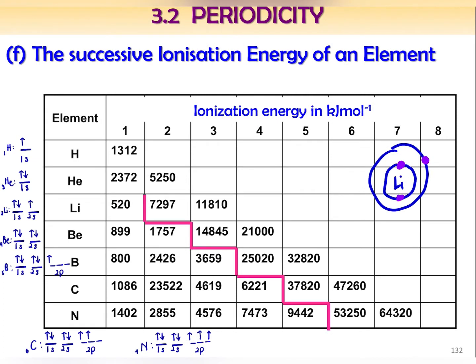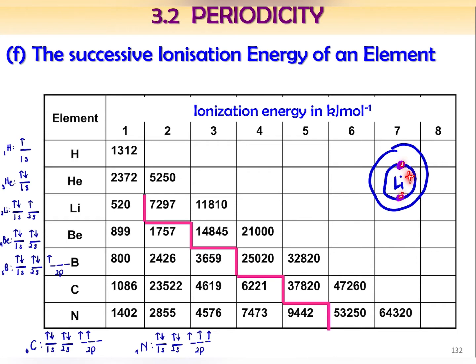When lithium absorb 520 kilojoule of energy, okay, so dia cukup untuk remove this electron, outermost electron. So ini adalah the first electron to be removed. Okay, so kamu akan dapat Li plus ion, okay, with 2 electron yang tinggal lah.